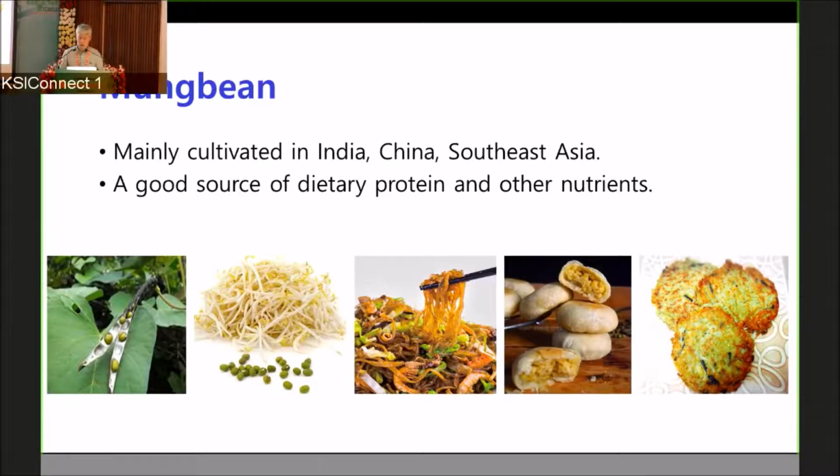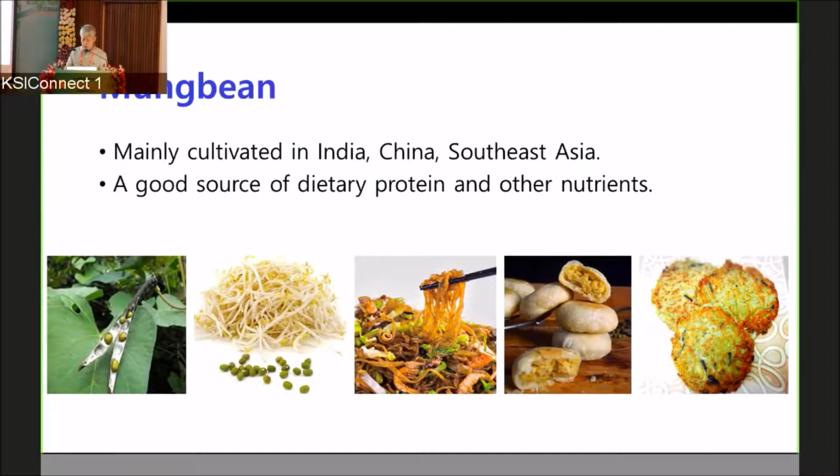Most of the mungbean breeding, especially in Southeastern Asia, was conducted by pure line selection from local cultivars or introduction of mungbean genotypes from many other countries, rather than artificial hybridization. So very limited number of research institutes in Southeastern Asia can conduct some artificial cross-breeding program in mungbean.